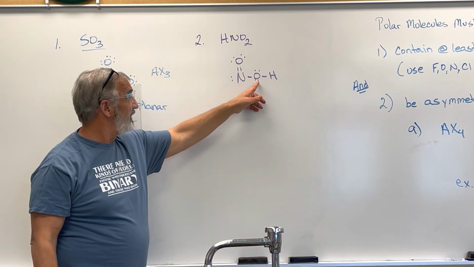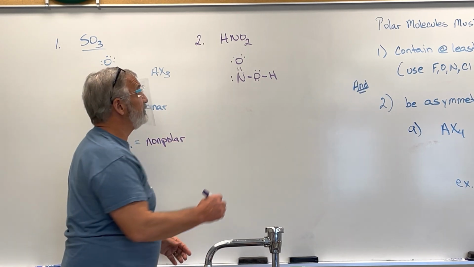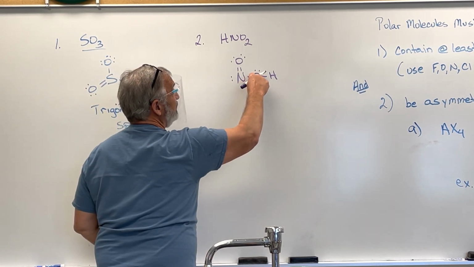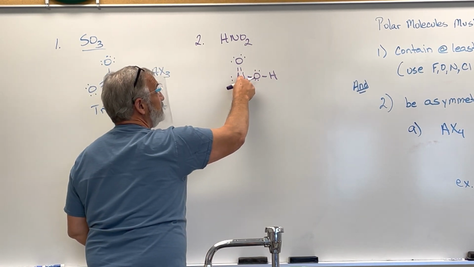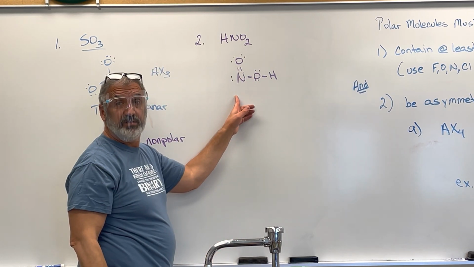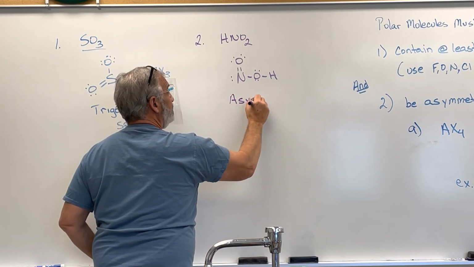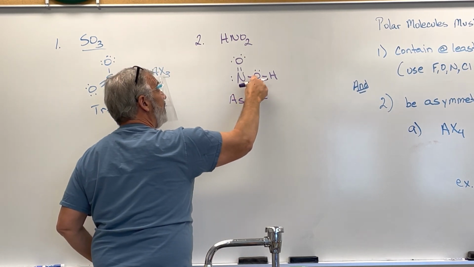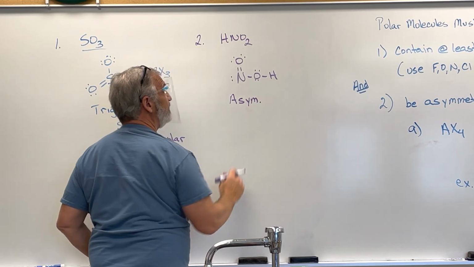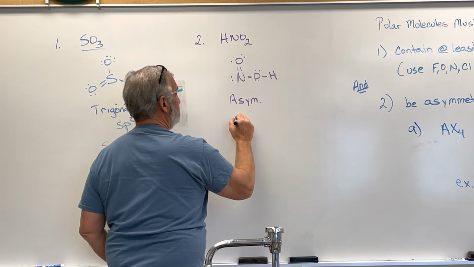It's asymmetrical. You got lone pair here and you got lone pair there. Now the shape is bent around this one, bent around that one, with sp2 hybridization, sp3 hybridization. You already have that written down. But it's going to be an asymmetrical molecule. It's got polar bonds, so what does that mean in terms of the polarity? It's a polar molecule.